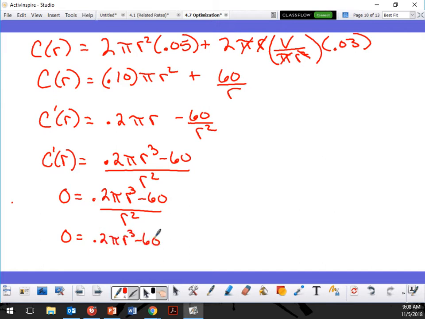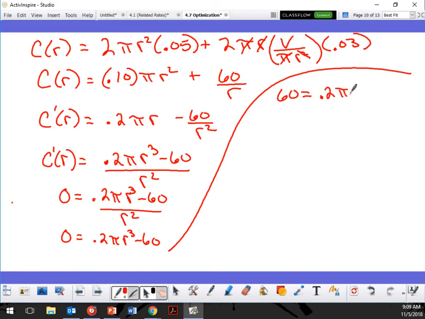Move the 60 to the other side, so 60 equals 0.2 pi r cubed.